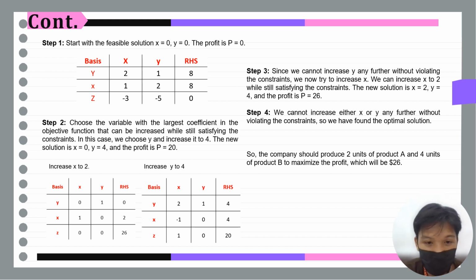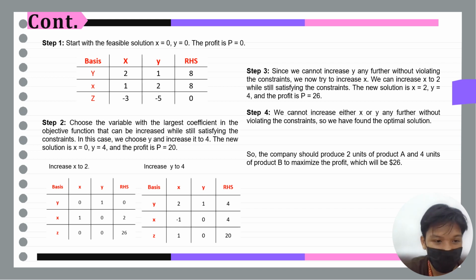Then in step 2, we can choose the variable with the largest coefficient in the objective function that can be increased while still satisfying the constraints. In this case, we choose y and increase it to 4. Then the new solution is x equal to 0, y equal to 4, and the profit is 20.